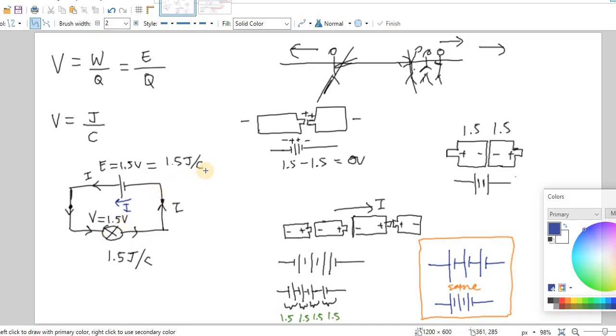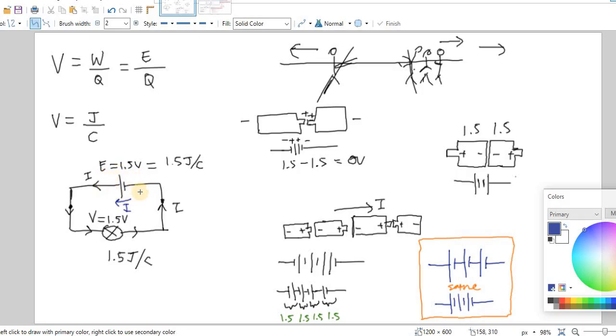So the cell is supplying energy to the electrons, or the charges. For every coulomb of charge, 1.5 joules of energy is given. It is converted to electrical energy and given to the electrons.